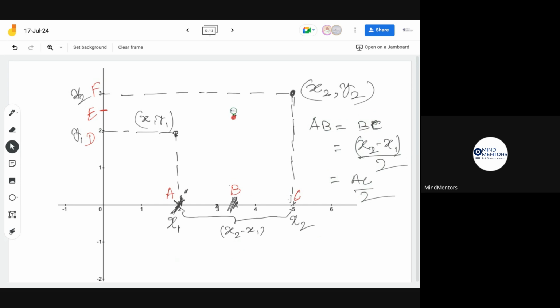So the length of AC is equal to x2 minus x1. Therefore, AB is equal to x2 minus x1 by 2. So from here to here is x2 minus x1 by 2. And from here to here is also x2 minus x1 by 2. Do you guys agree, everyone?